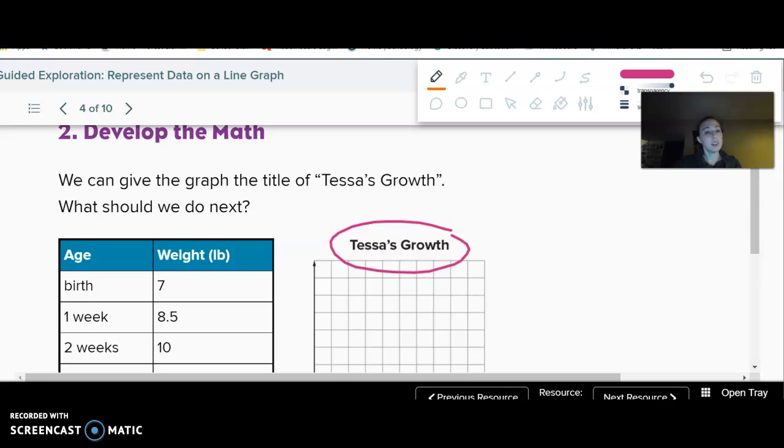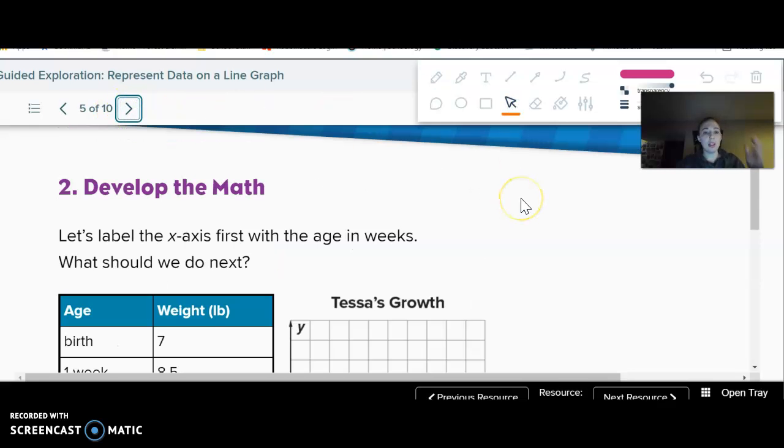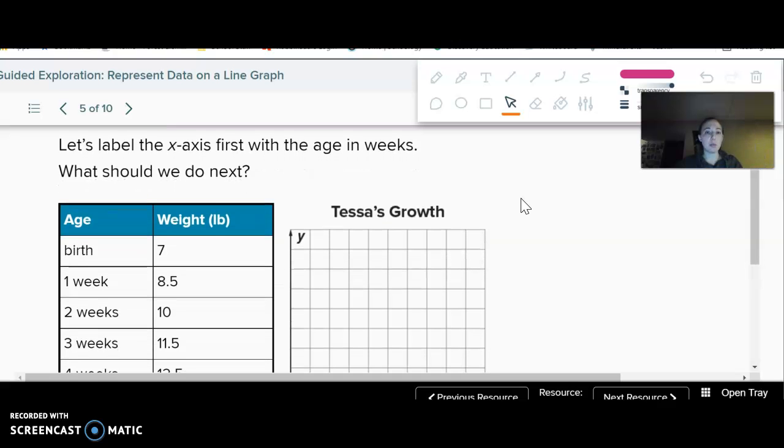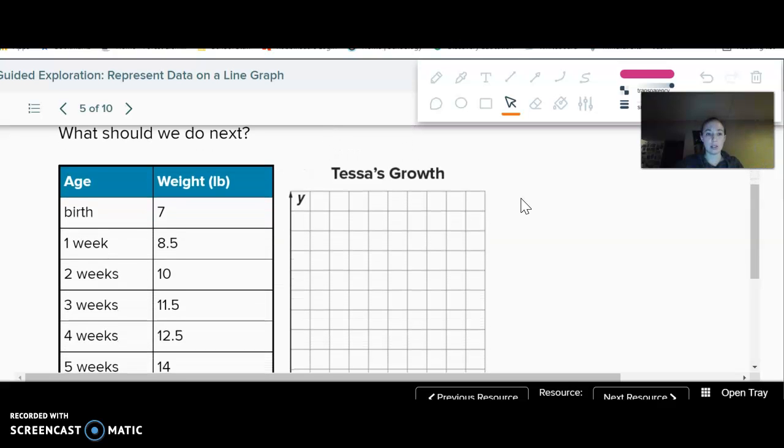Now, what should we do next? Well, next we should label the X and Y axes. Remember, the X is this one, the Y is the up and down one. So we want to think about what we're putting first. First, we'll label the X-axis with the age in weeks.